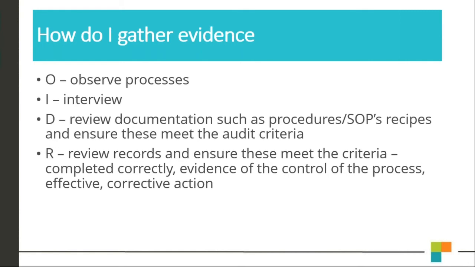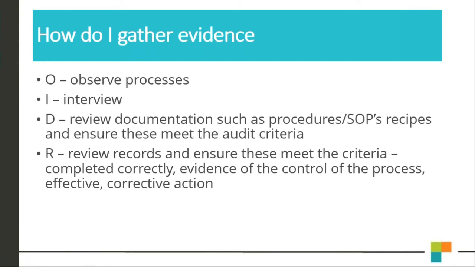That's important because we don't want people to use documents that are not written correctly, but just writing something correctly doesn't mean it will be followed correctly. So I need to check it's written correctly, but then I need to observe the process to make sure that people are following that document correctly. And then I can also look at records.